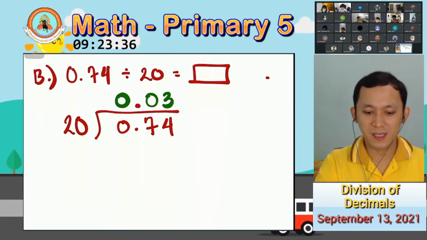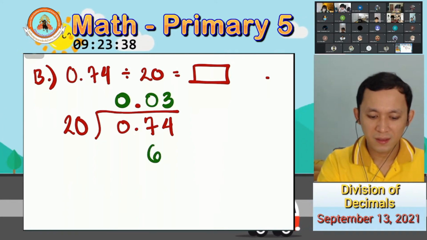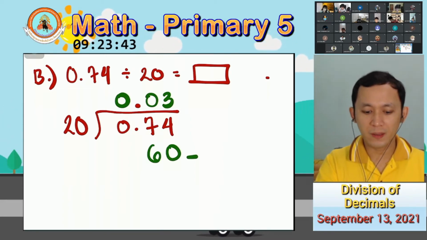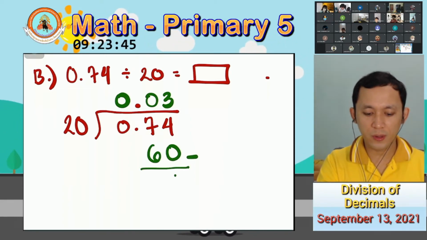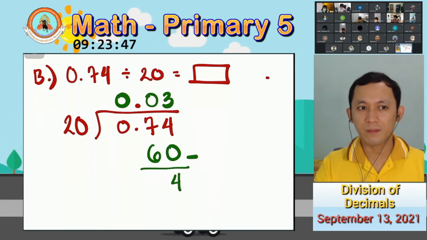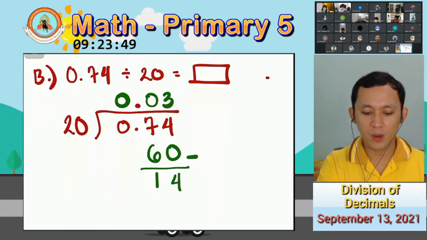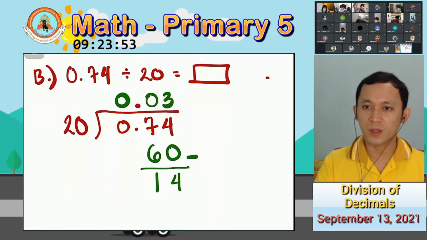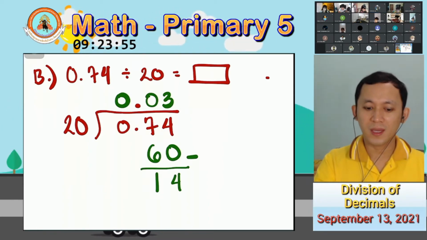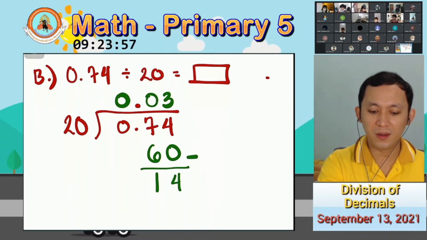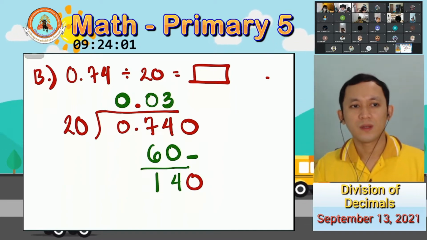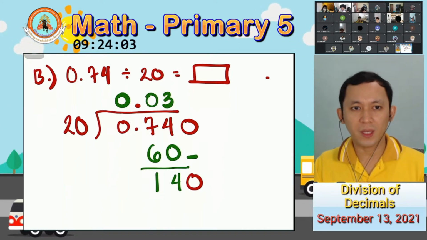Okay, we have 60. So let's subtract: 4 minus 0, we have 4. 7 minus 6, we have 1. Teacher, that's not enough. What are we going to do? We can add 0, right? So let's add 0. So we have now 140.